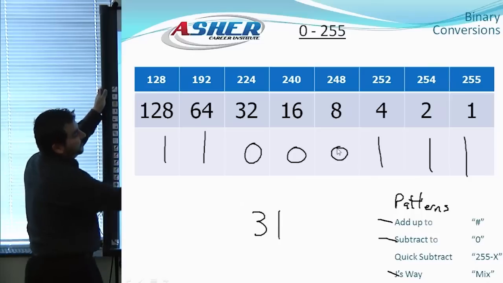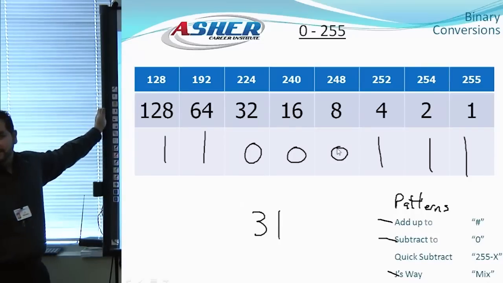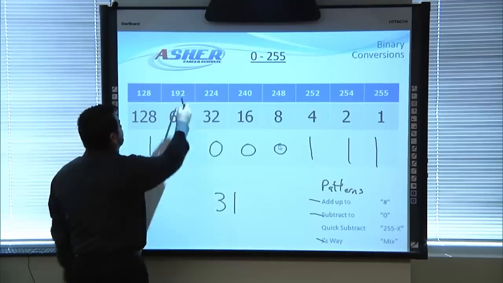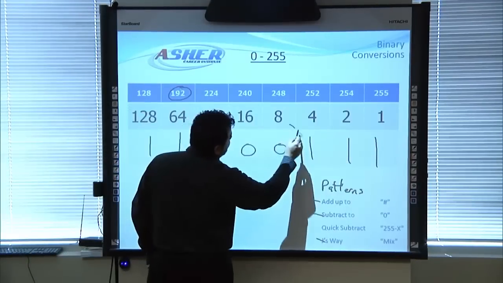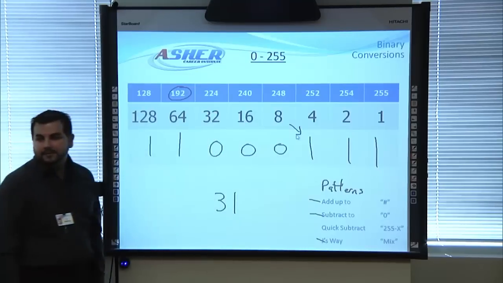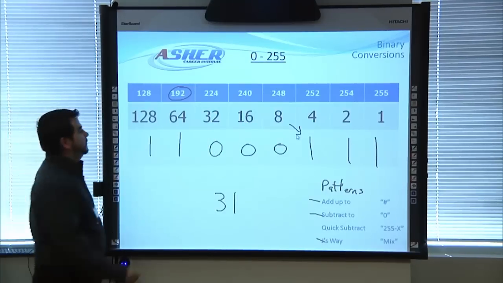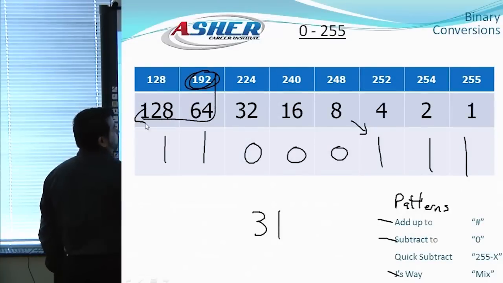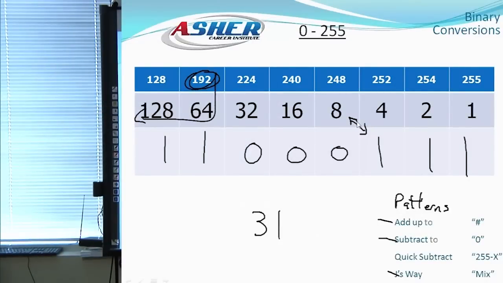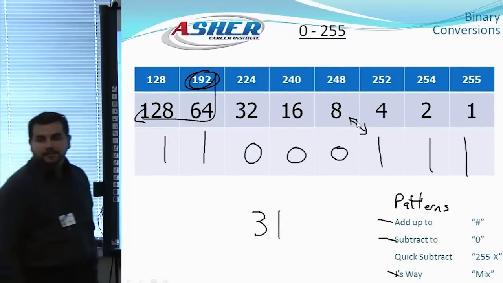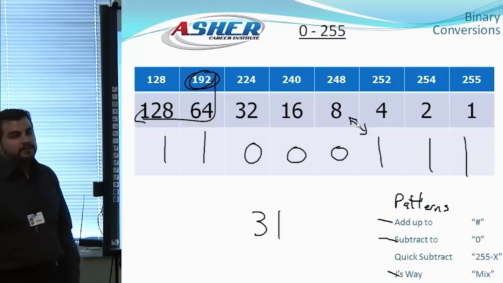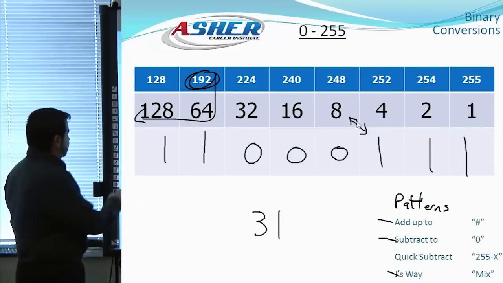So what would you do to find the answer there? Add 192 plus 7. You have 192 here, and then you've got 7, right there. So that's kind of like an even faster way to find different answers.